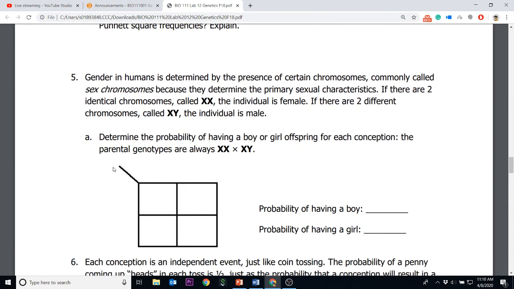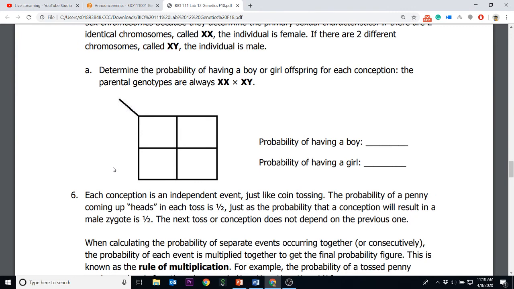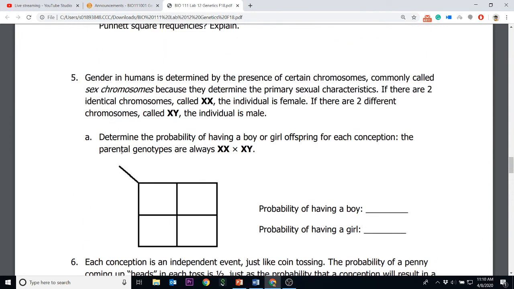And in this one, question 5 is easy. Remember, for each female, the eggs will have one of the X chromosome. In diploid, you have two X together, right? So in haploid, you have one X here, one X here.